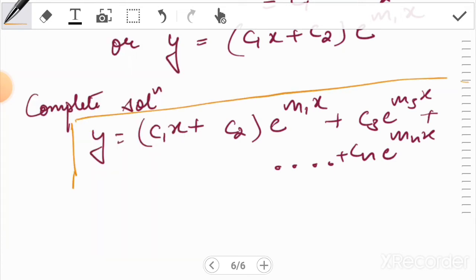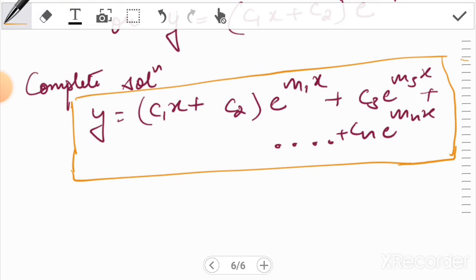So if two roots are equal, then this is the complete solution. Okay.